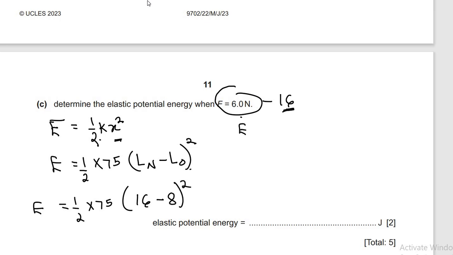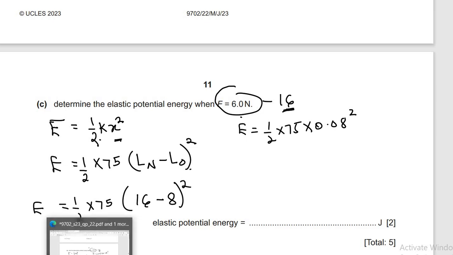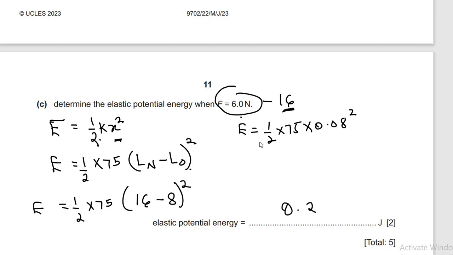So elastic potential energy will now be half times 75 times 16 minus 8, that's 8. It's in centimeters. Take it to meters. That's 0.08, squared. So multiply by 75 times 0.5. So our elastic potential energy is 0.24 joule.